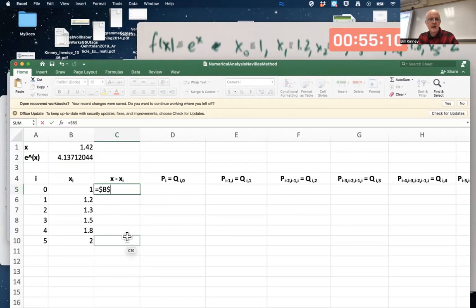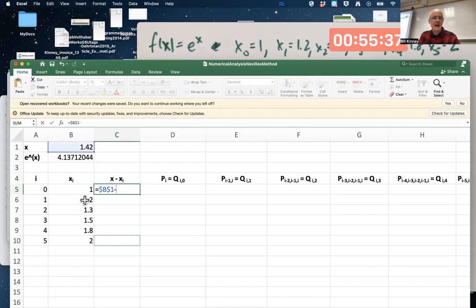I'd want to do $B$1 to make that an absolute cell reference. The first dollar in front of the B keeps the column fixed. The second dollar in front of the 1 keeps the row fixed. It actually would be fine just to keep the row fixed, and that's handy sometimes to not keep the column fixed. But for most applications, to play it safe, put two dollar signs.